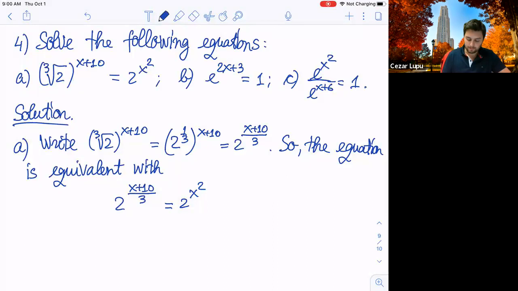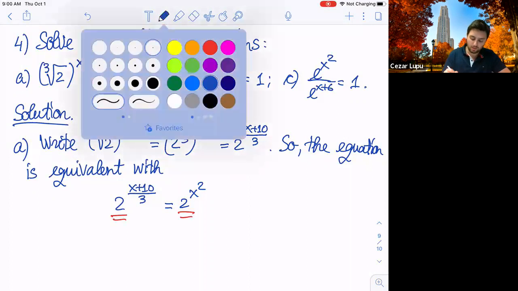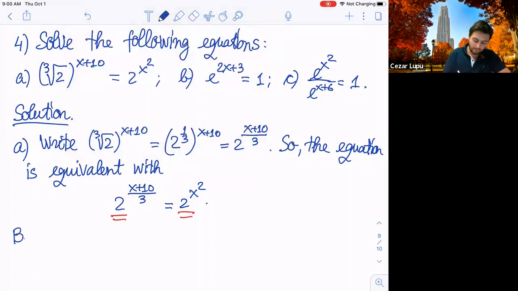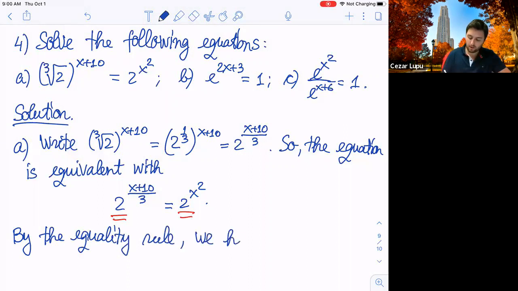As you can see now, we can apply the equality rule that have the same base. So by the equality rule, we have that (x plus 10) over 3 is the same as x squared.